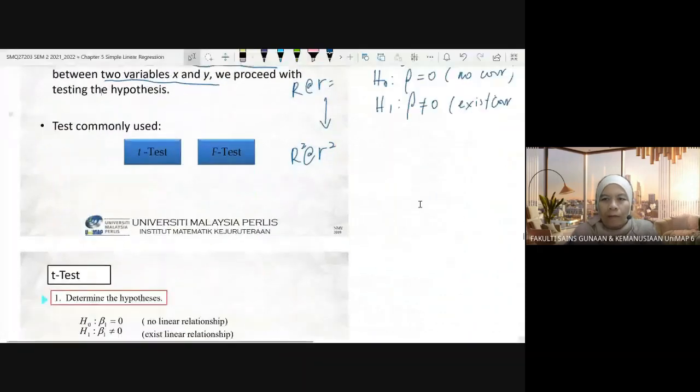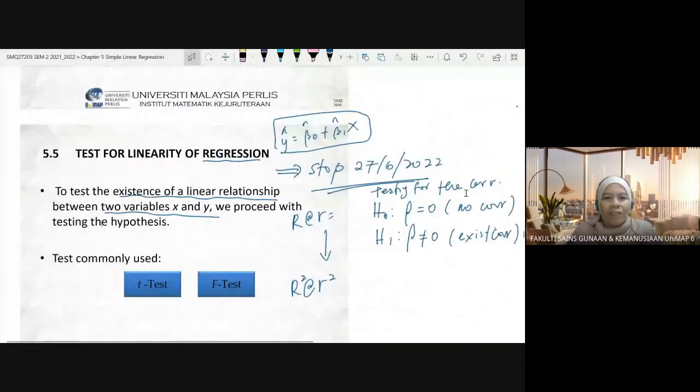Testing for the linearity of regression means that we are testing the linear relationship between our x and y. We would like to see whether the R that we have got, telling us the strength and the type of relationship between y and x, whether the correlation exists or not.